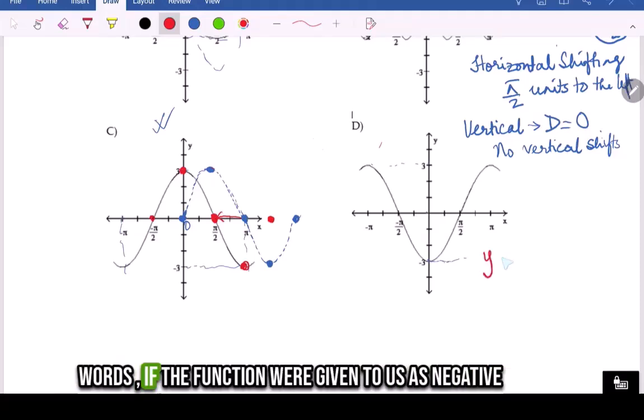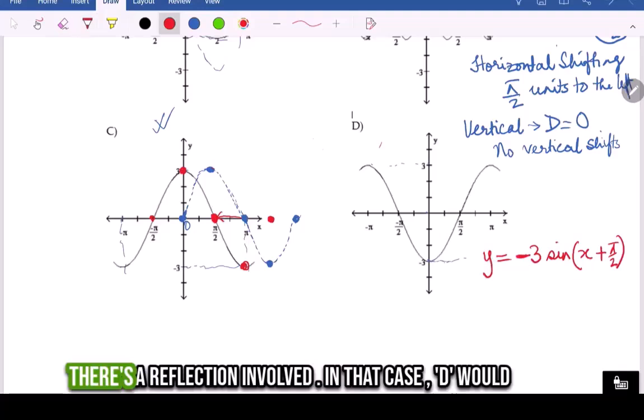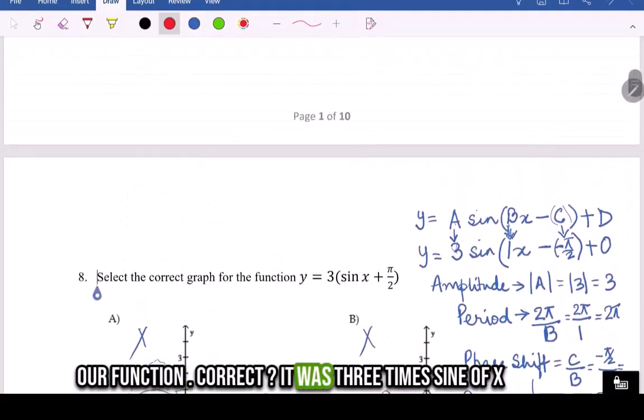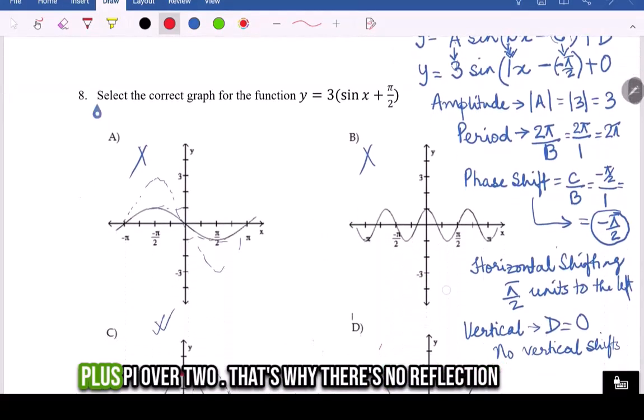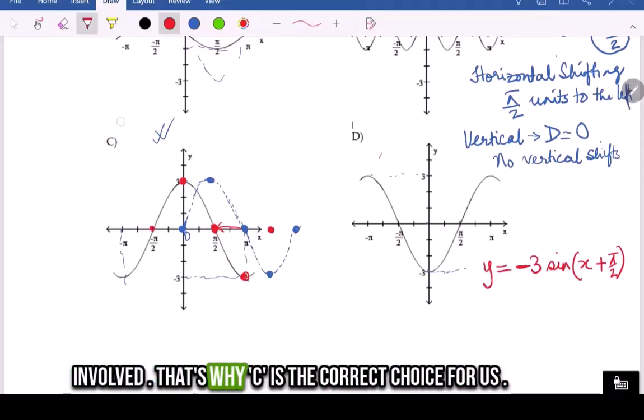In other words, if the function were given to us as -3 times sine of x plus pi over 2, if there was a negative sign, there's a reflection involved. In that case, D would be the correct choice. However, there's no negative in our function, correct? It was 3 times sine of x plus pi over 2. That's why there's no reflection involved. That's why C is the correct choice for us.